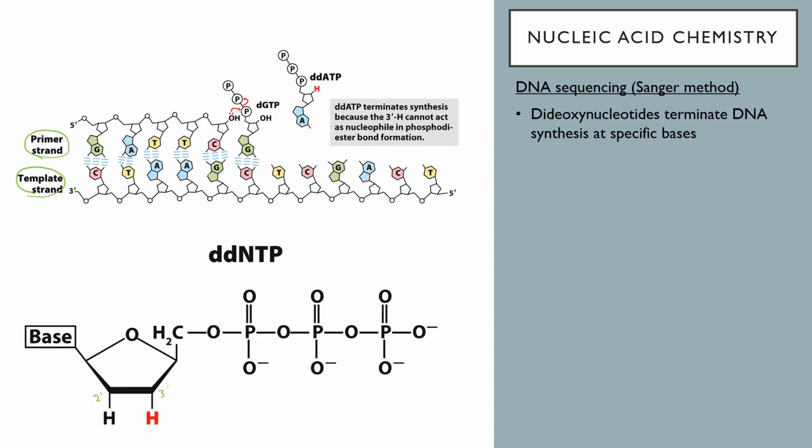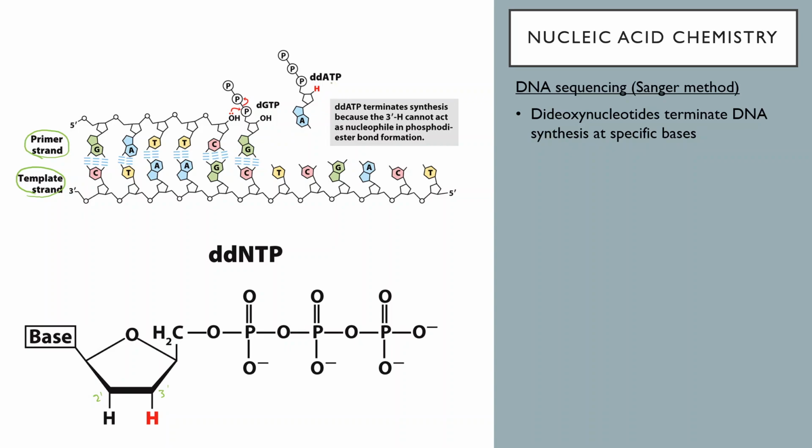And then you add, again, your dNTPs, your regular nucleotide triphosphates, and one of the 4 bases in its dideoxy form. So here what they've done is they've added the primer, the template, the 4 deoxynucleotide triphosphates, and in this case, dideoxy ATP.